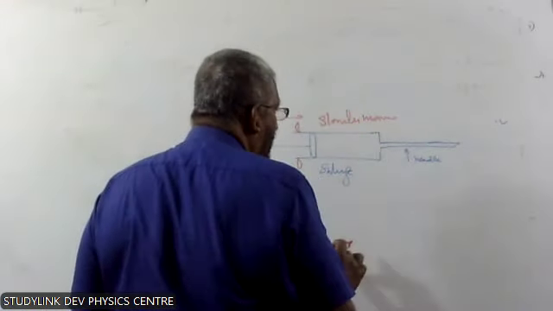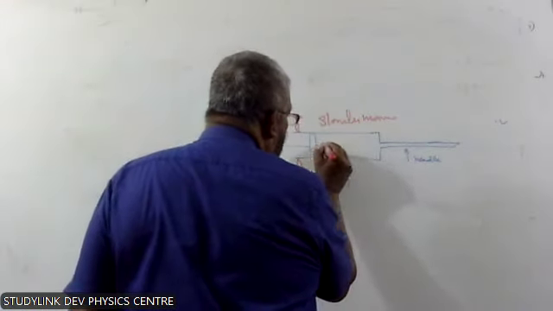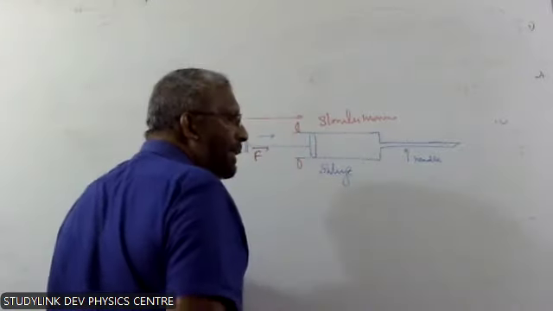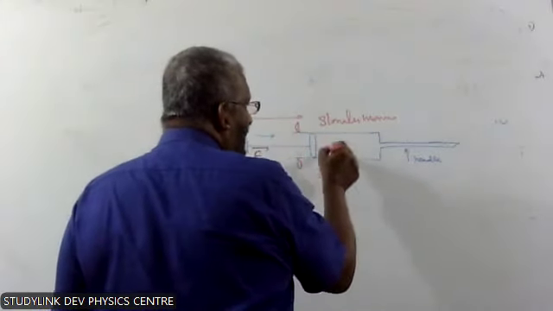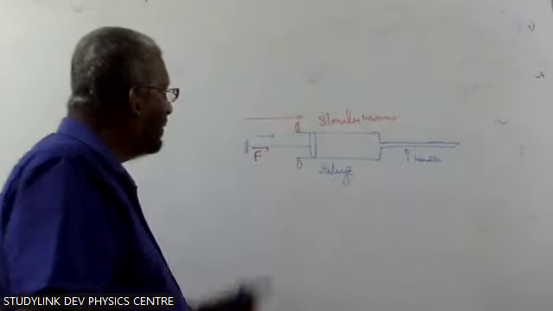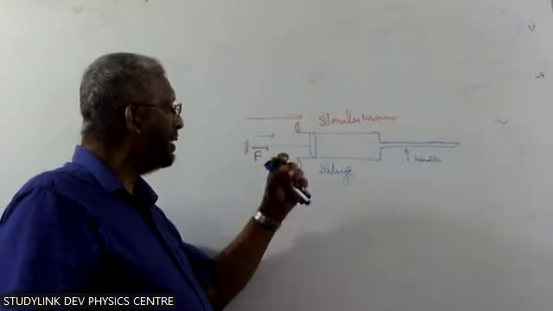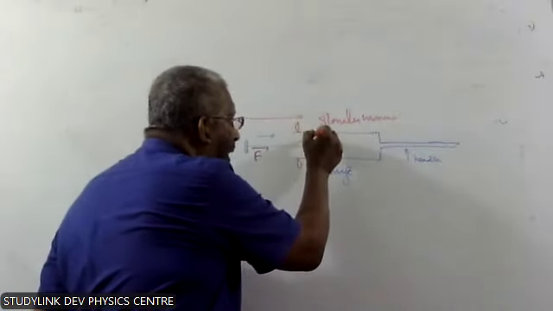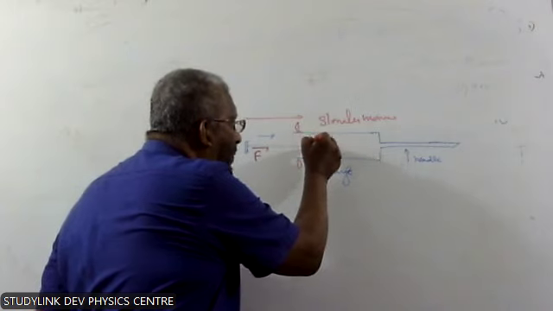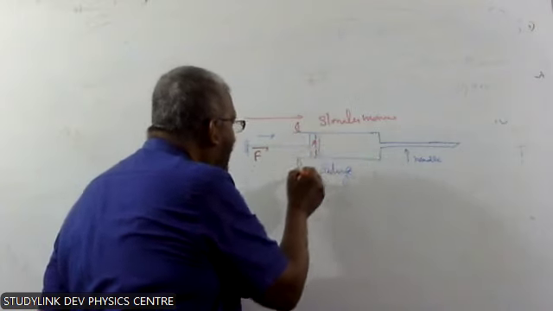This part is wider. Therefore, we consider normal hydrostatics there. A certain force is given, and this area is considered as A, the cross-sectional area.